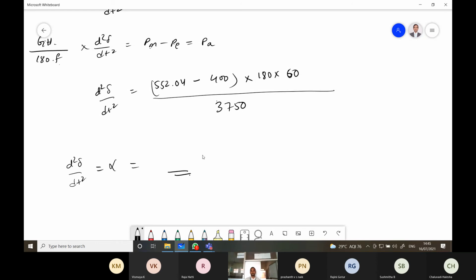How much you got? 437.8 electrical degree per second square.